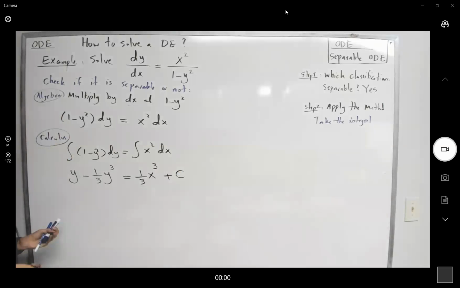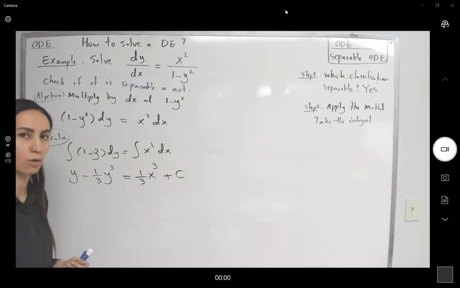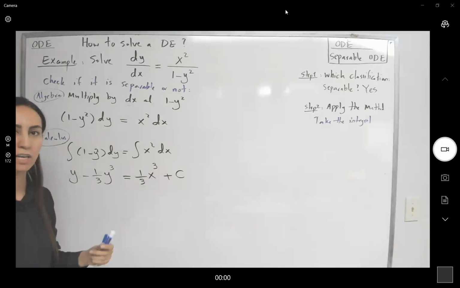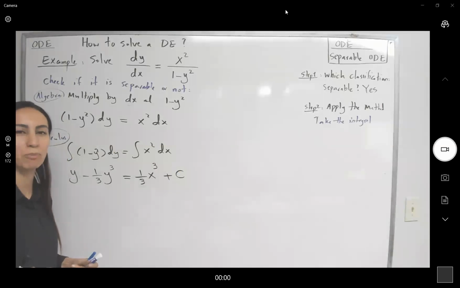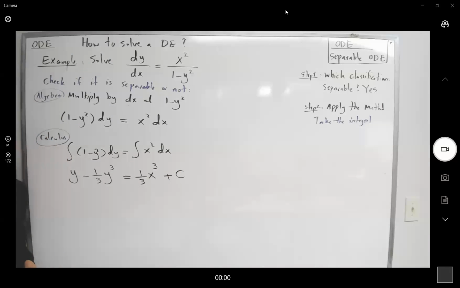As you can see, it's difficult to isolate y. So what do we have? We have an implicit solution, which is a family of solutions of this differential equation.